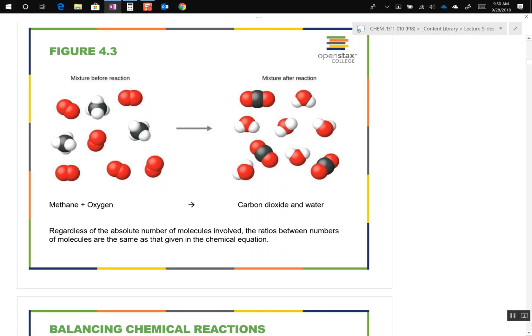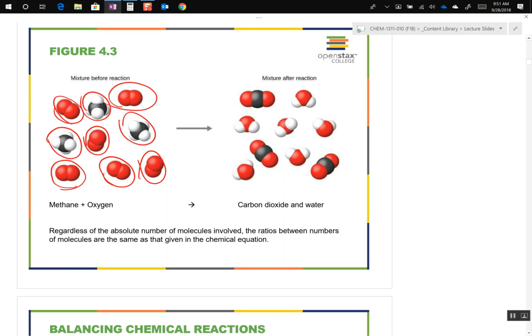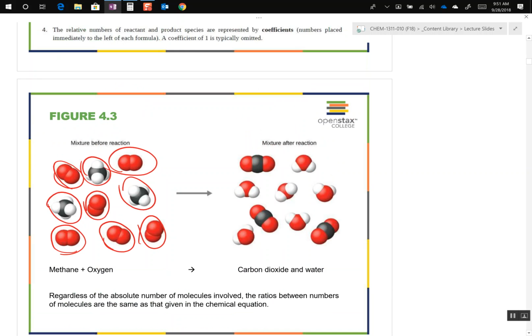So here we have some methane reacting with oxygen, and it's going to produce carbon dioxide and water. Okay? So I have 1, 2, 3, 4, 5, 6 oxygens, and I have 1, 2, 3 methanes.